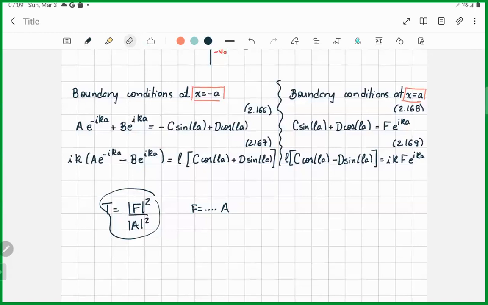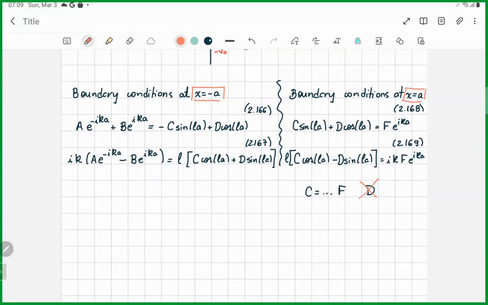We are going to start from these equations on the right side and manipulate them, adding them and multiplying them, to find two new equations. One equation will have only C in terms of F, so we have to get rid of D. The other will have just D in terms of F, so we need to get rid of C.